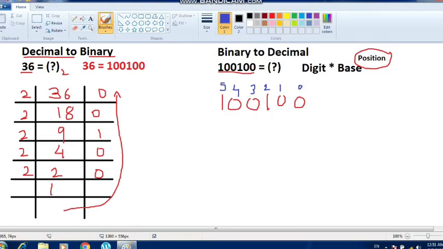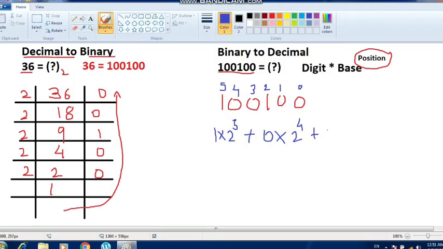So what is the digit? Here you can see the digit. Now I have written here the digit. Digit is 1, base is 2. We know that the base of binary is 2 and the position is 5. So I have written 1 into 2 to the power 5 plus digit is 0, base is again 2 and the position is 4.